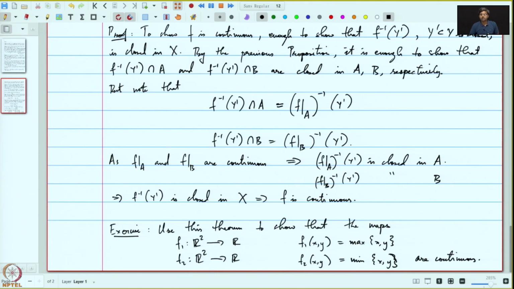So write R2 as a union of two closed subspaces, and f1 and f2 both restricted to each of these subspaces should be continuous. That should be trivial, and therefore both these maps are continuous. So we will end this lecture here.